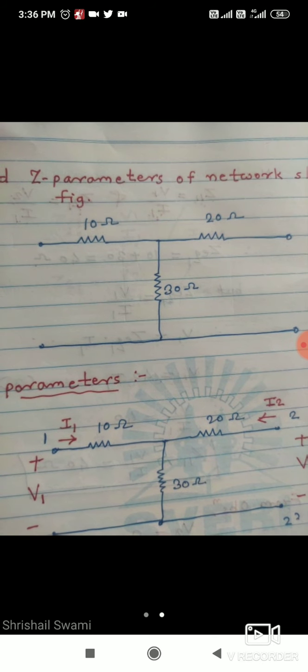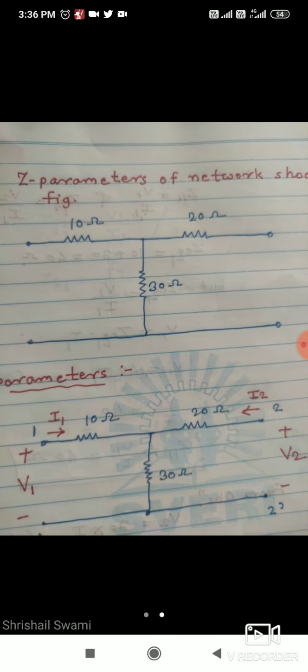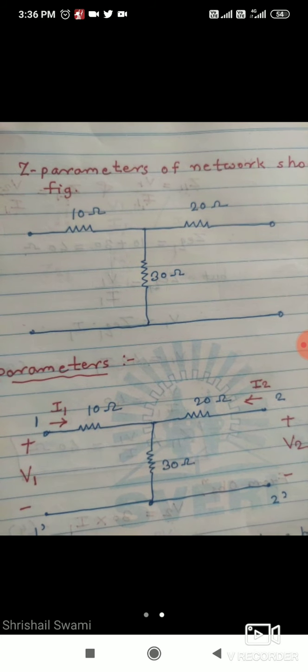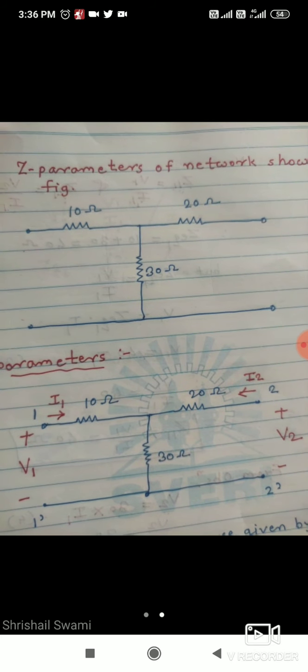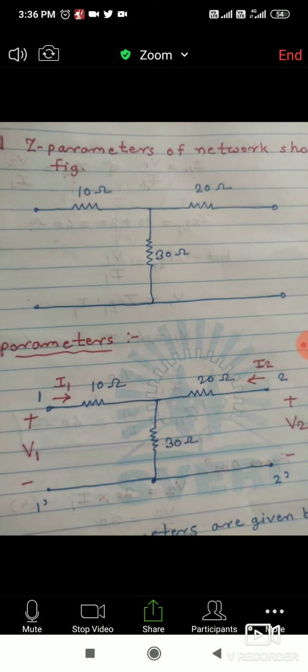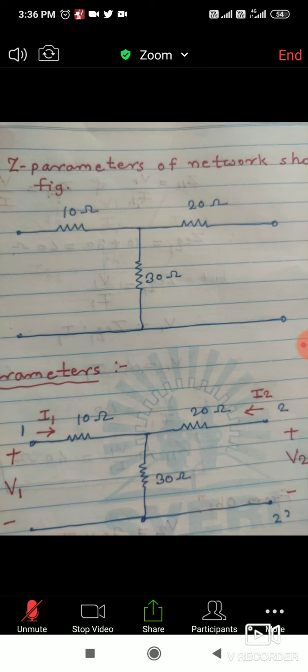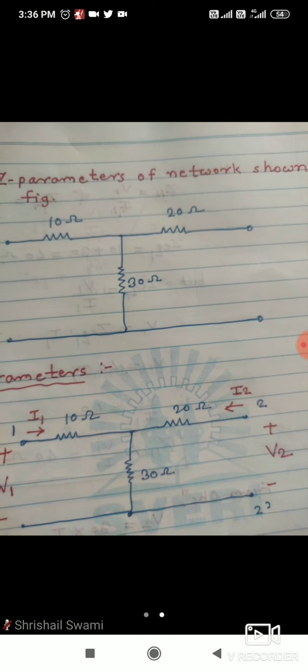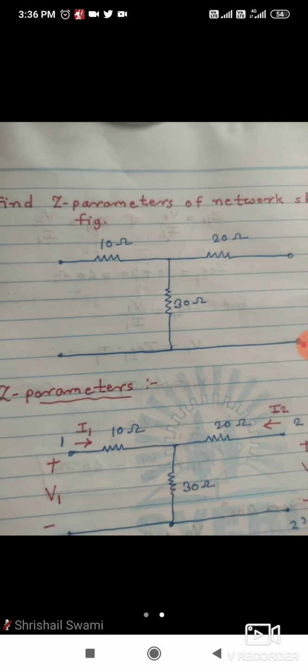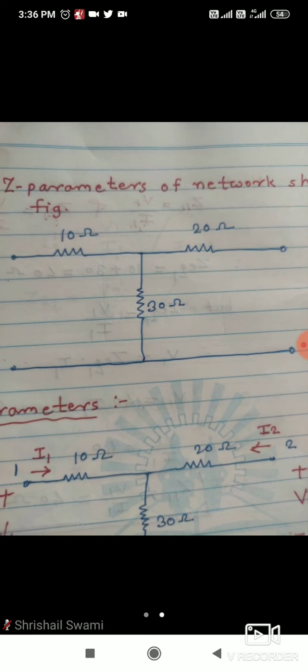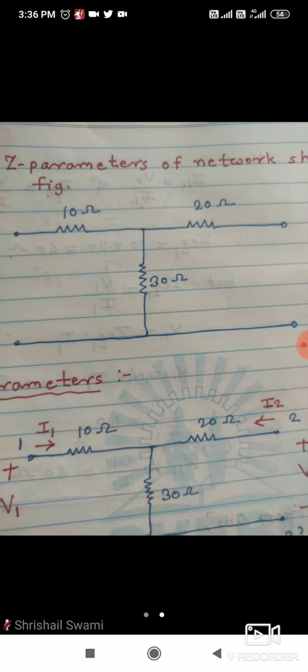Everyone should note down. So complete the diagram. First write down the question: find Z parameters of a given network shown in figure, and draw the network.